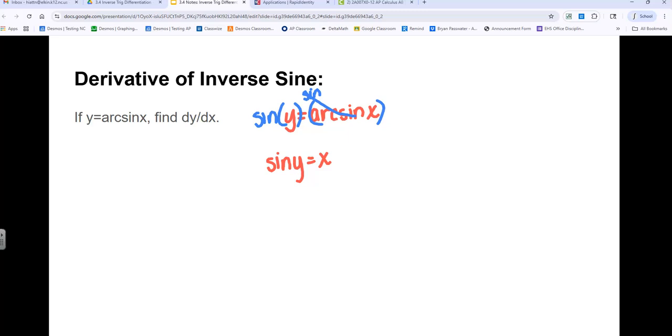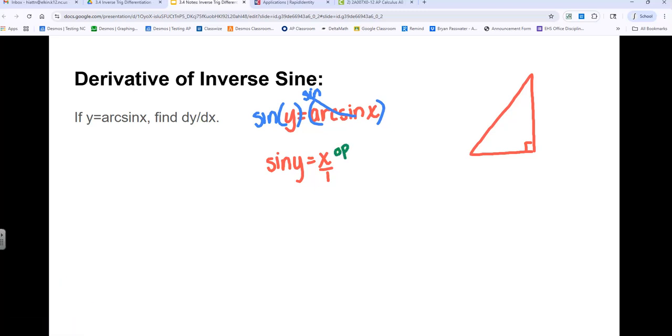Now, I am going to draw myself a triangle for this, okay? So, trig we use right triangles for. And what I have right now says that the sine of y equals x. Usually I like for my trig stuff to be fractions, because if you remember your SOHCAHTOA here, sine is opposite over hypotenuse.